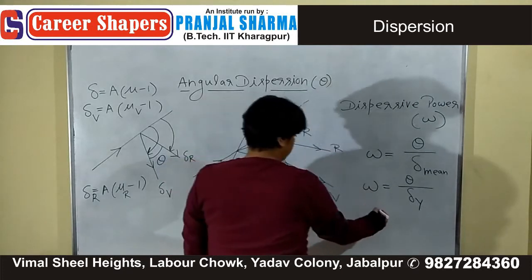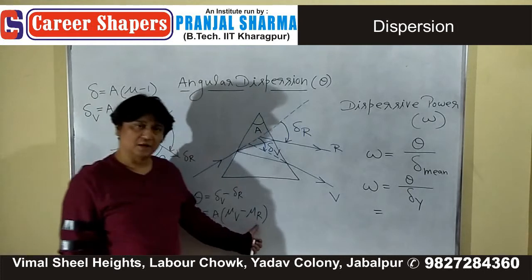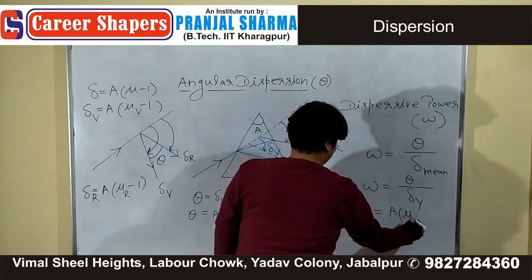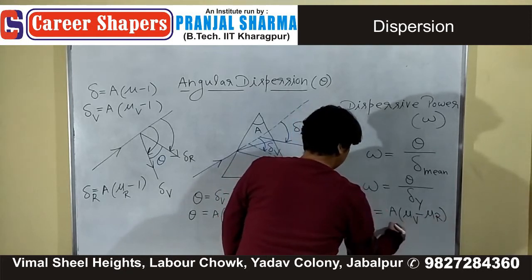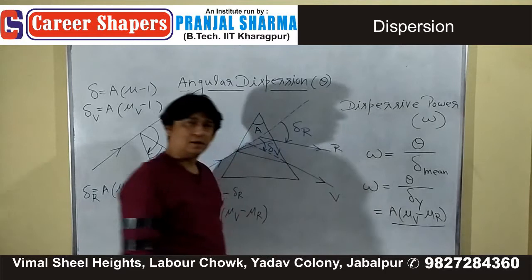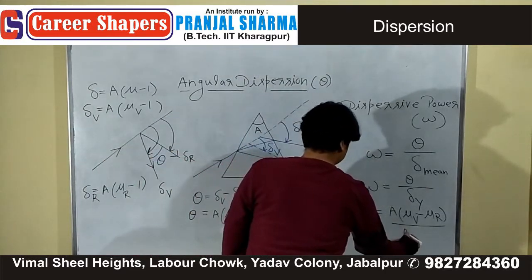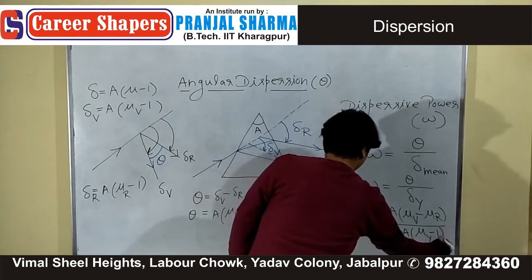Now, what is theta? We have already calculated that: A times (mu v minus mu r), divided by delta for mean color, which is A times (mu y minus 1).